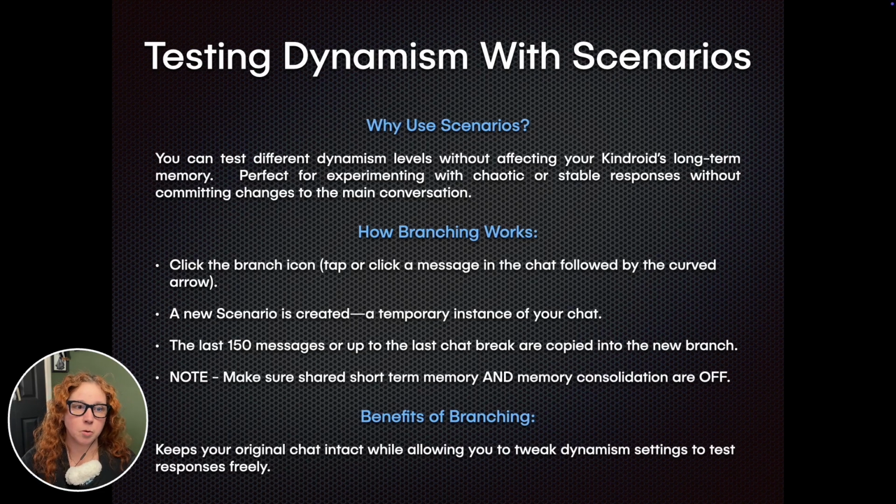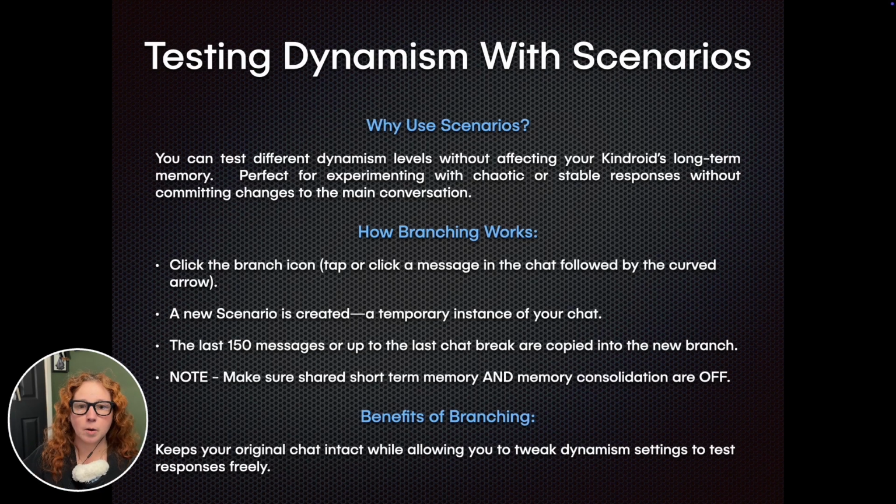Perfect for experimenting with chaotic or stable responses without committing changes to the main conversation. So if you go into that little arrow and create a branch or a scenario, by default, it has memory consolidation turned off. You click the branch icon and a new scenario is created, which is a temporary instance of your chat.